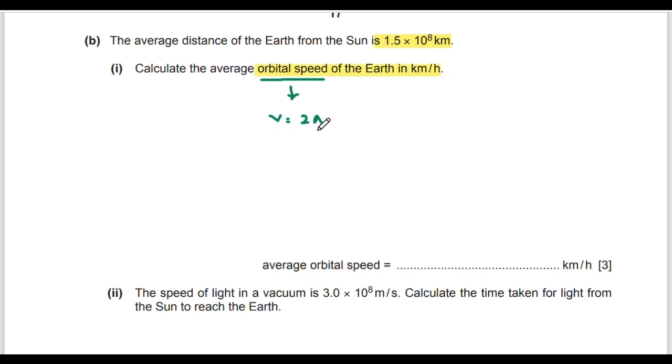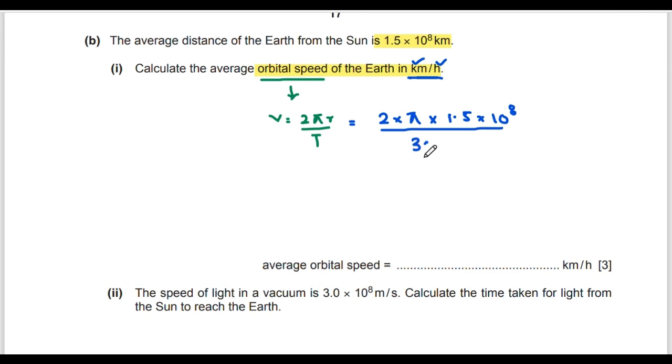So orbital speed has the formula 2 pi r over t. r is the radius of the orbit and t is the time taken for the orbit. So you're going to take radius in kilometers and time in hours. So it would be 2 times pi times 1.5 into 10 raised to power 8, and the Earth takes 365 days for a complete orbit around the Sun.